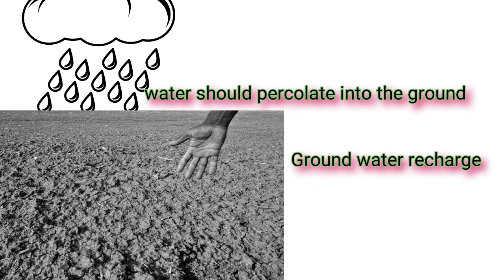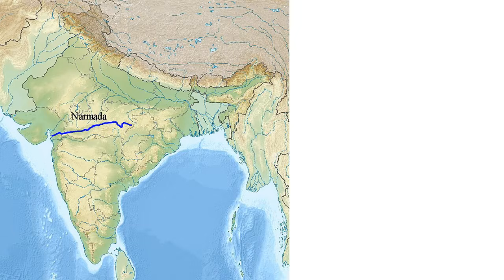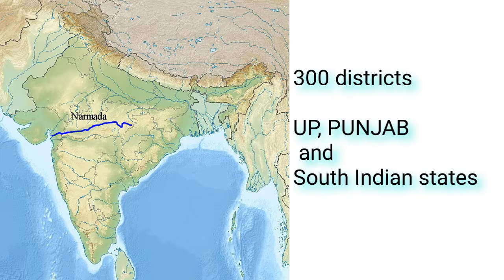Percolate, it has to go into the ground first. So it's called groundwater recharge. The report from 300 districts says that the water level declined by 4 meters.